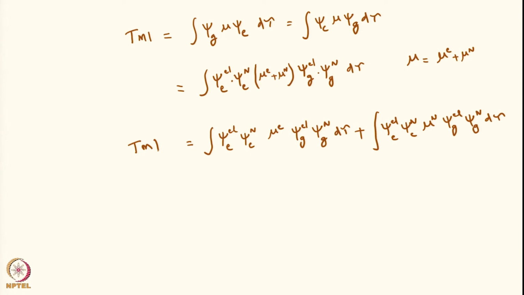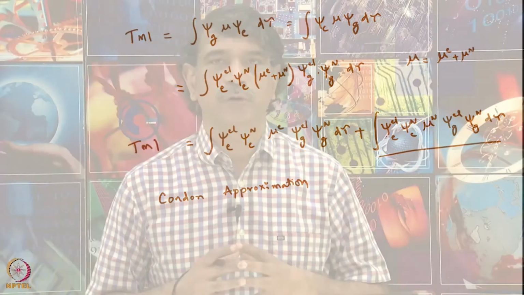Now, evaluation of these two integrals is going to be challenging. So, one makes another approximation called the Condon approximation. So, essentially what are we looking at in this? We are looking at how the electronic wave function changes with respect to the nuclear coordinates. The electronic function does change with respect to nuclear coordinates.